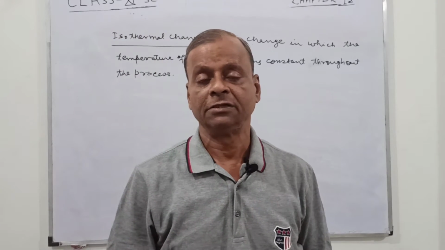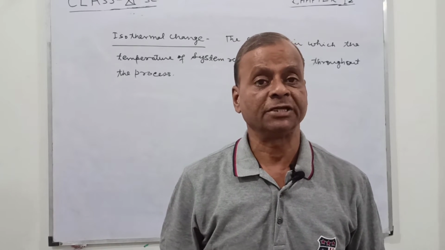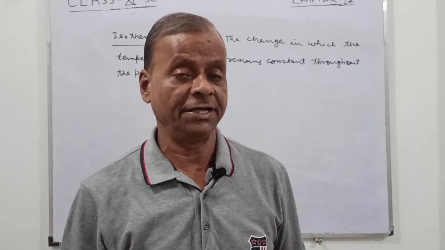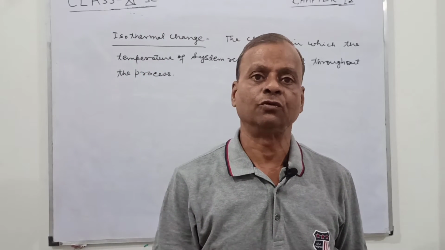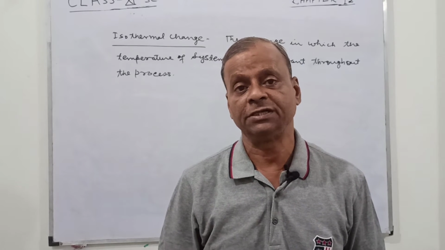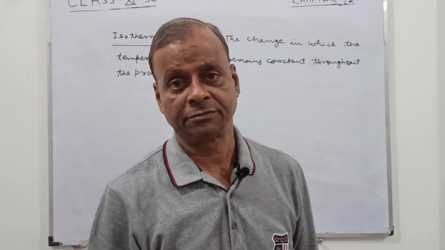It means that the internal energy will increase. So to keep the temperature constant, whatever additional heat is produced must go out of the system. So there must be a good communication of the heat between the system and the surroundings.